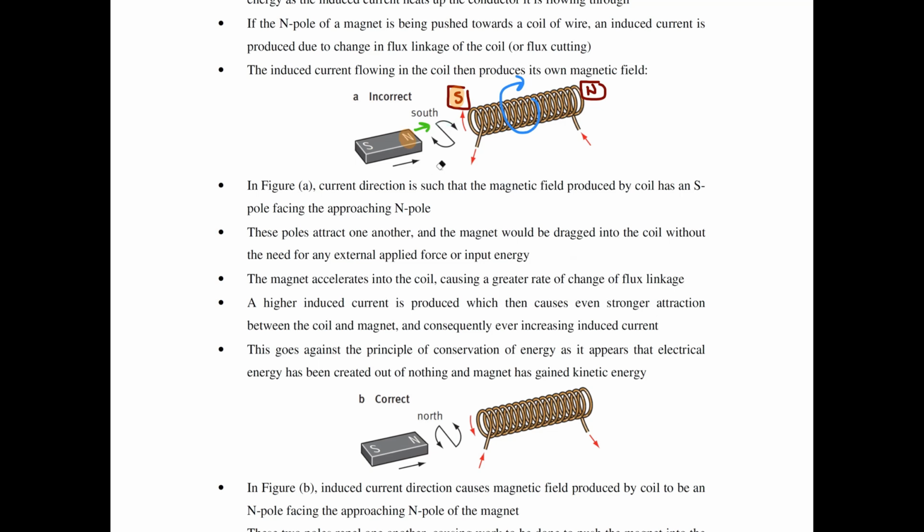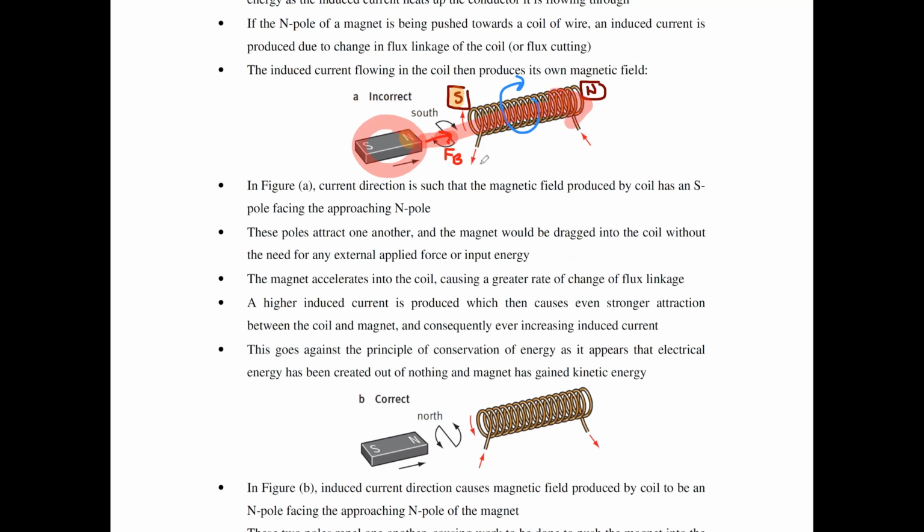When you look at the force acting on the magnet itself, because the nature of the force is attractive, there's actually a magnetic force acting on the bar magnet in this direction. So from there, if you have a magnetic force acting on your bar magnet right now, that would mean that your magnet is actually going to be pulled into your solenoid.